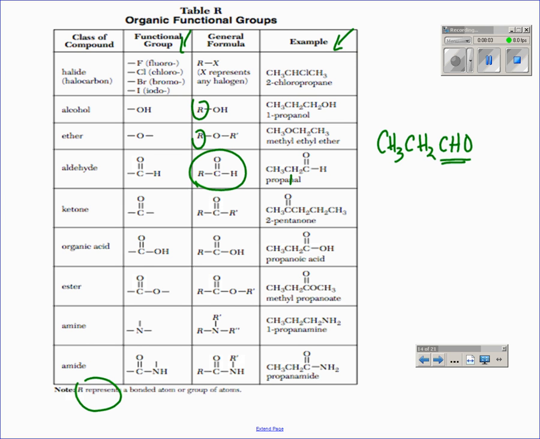We come over to the table and we see it has an AL ending. And it has how many carbons? 3. I know the prefix for three carbons is prop. Then I look over here and say, okay, it's propane, but we change the ending to al. Okay?